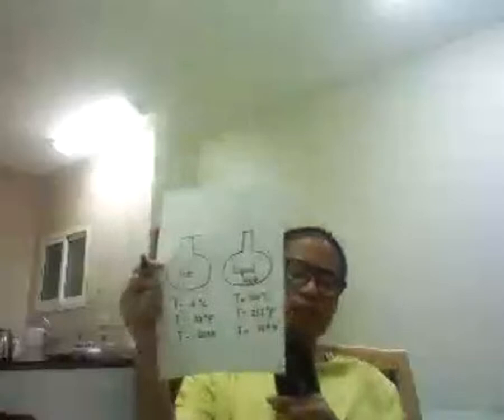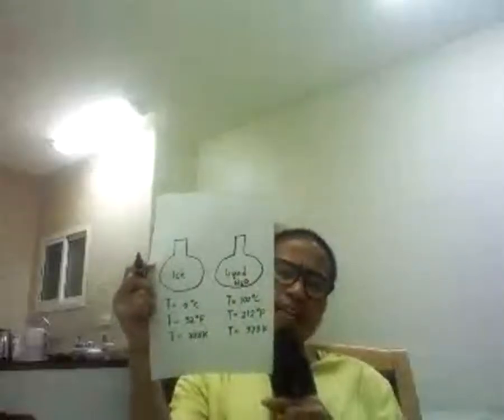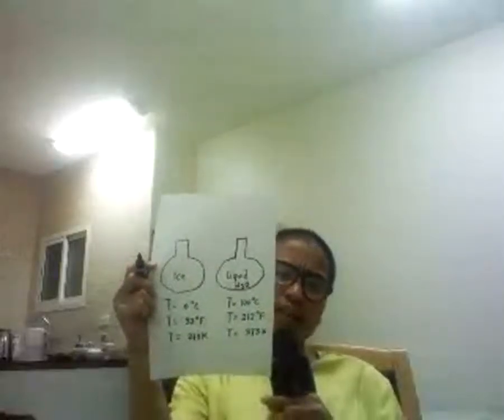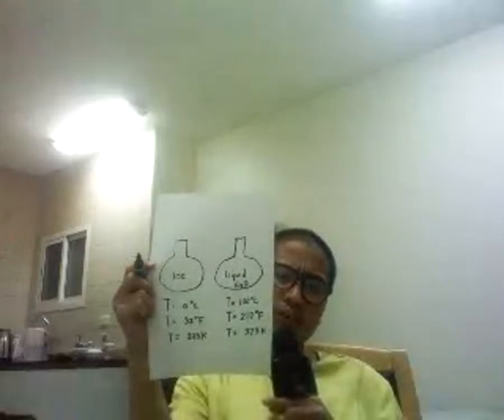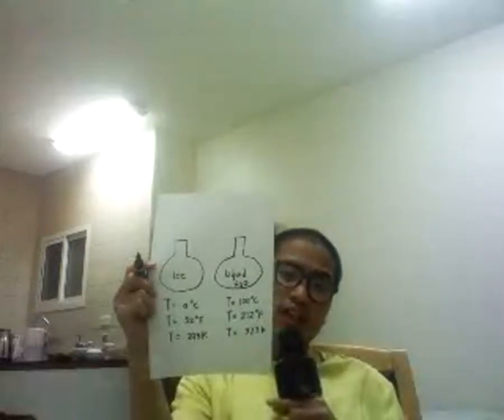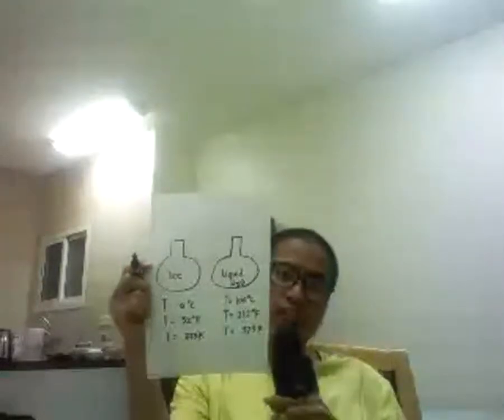I think 212. And in terms of Kelvin, we have 373, right? So these are the 3 units of temperature equivalents for the ice freezing point and for the boiling point at 100 degrees Celsius: 3 values in degrees Celsius, Fahrenheit, and Kelvin respectively.